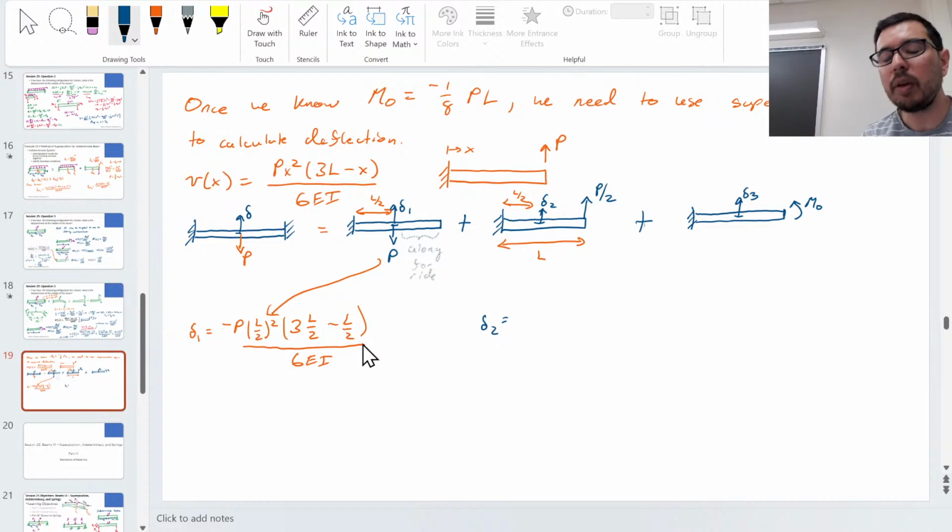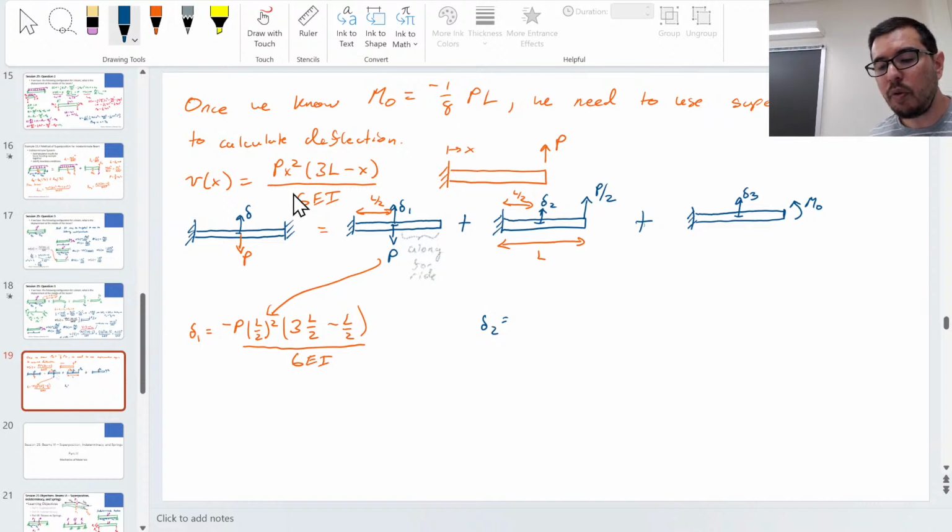You guys help me. The moment in the middle created by P over 2? No, because this is the deflection, so we're just looking at deflection. So you tell me. I want to rewrite this expression to reflect this situation.